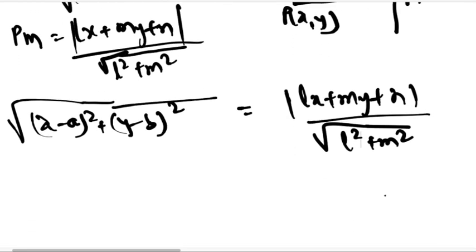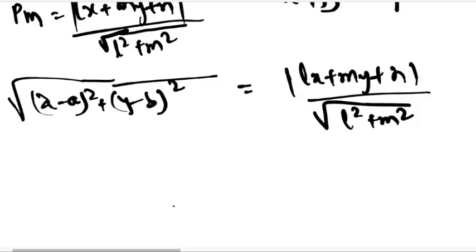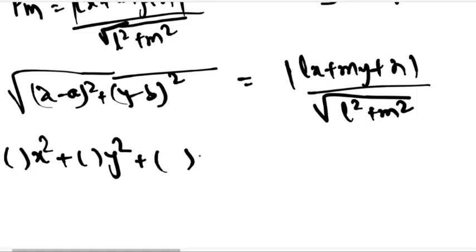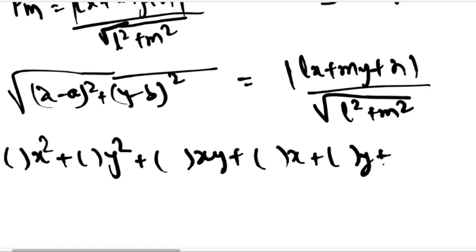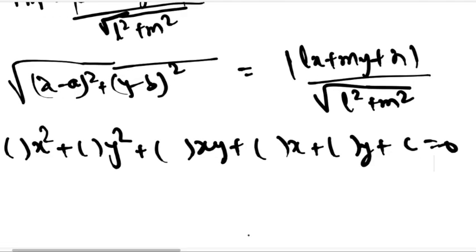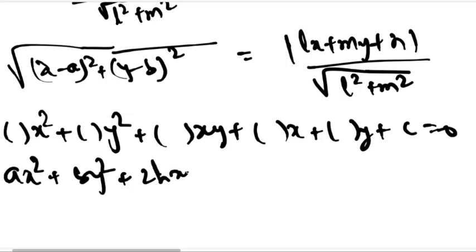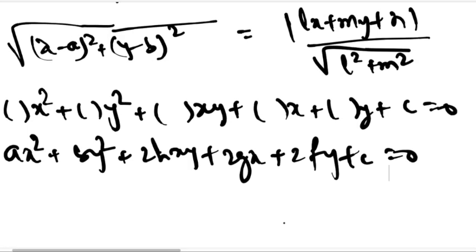After solving this equation, we will get a second degree non-homogeneous equation, something like ax square plus by square plus 2hxy plus 2gx plus 2fy plus c equals to 0.